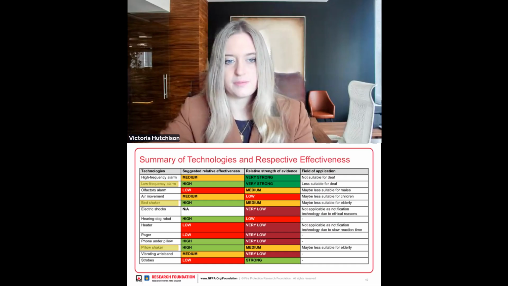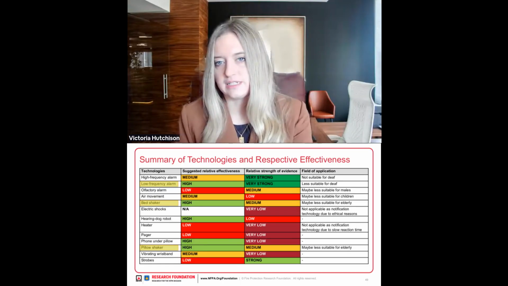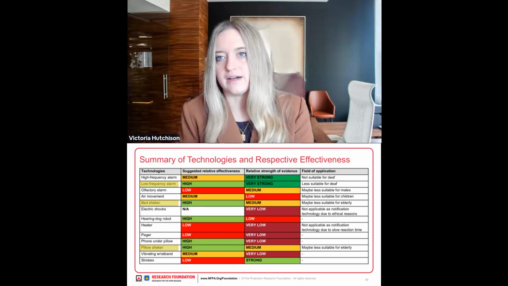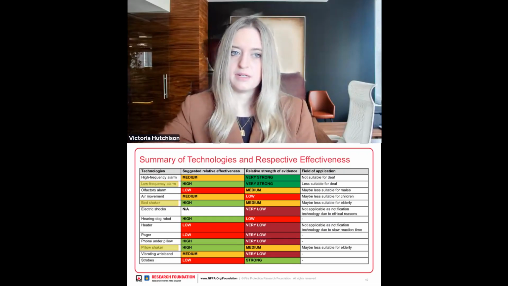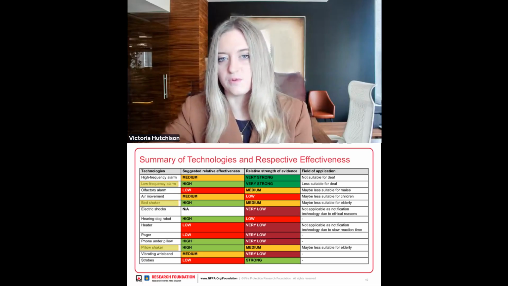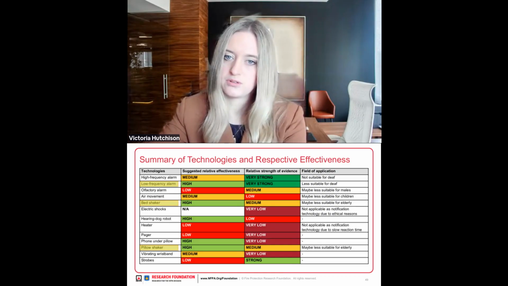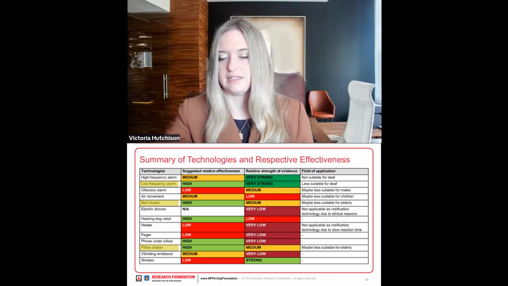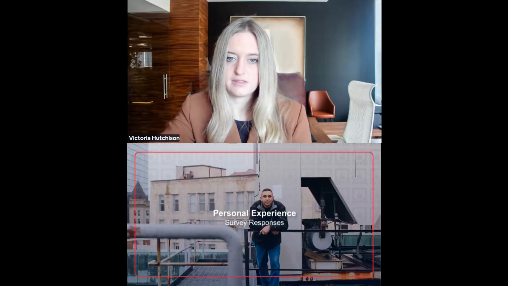It's also high for the bed shaker and pillow shaker, but there's still a lot of research that needs to be done on that, particularly in controlling the vibration and things like that. The only downside is that the low frequency is less suitable for the deaf population, but again, it still has many advantages over many of the other technologies. For bed shakers, the downside was for older adults. So there's a trade-off there, but there's more information on this in the results.